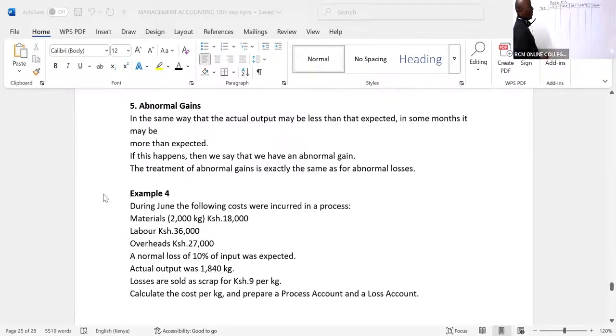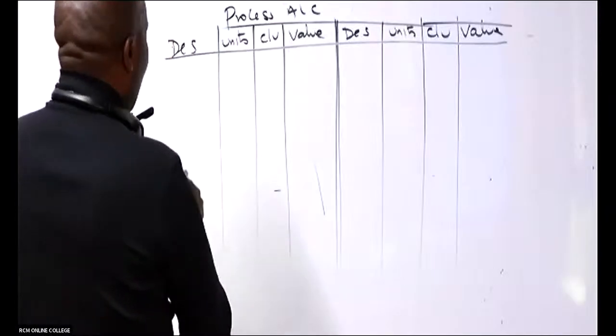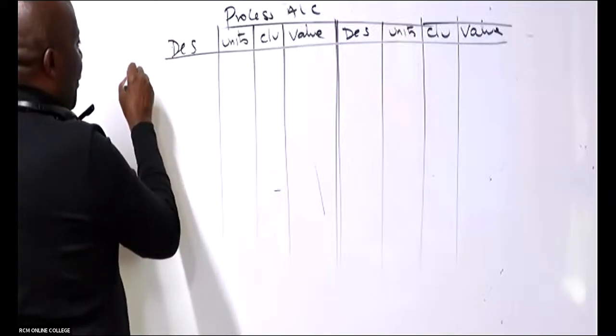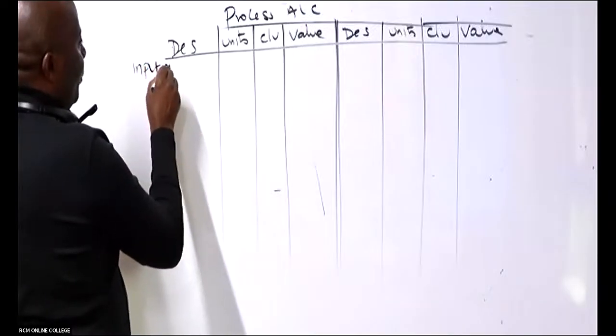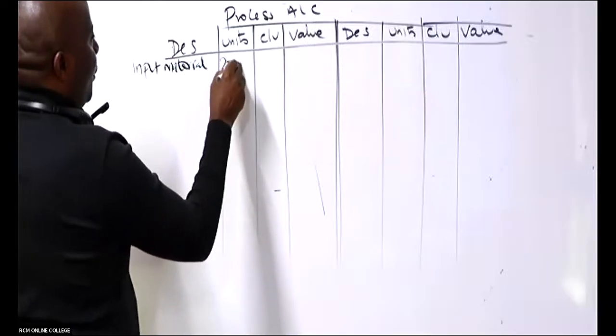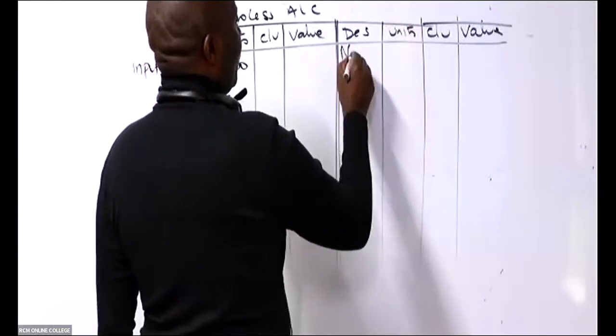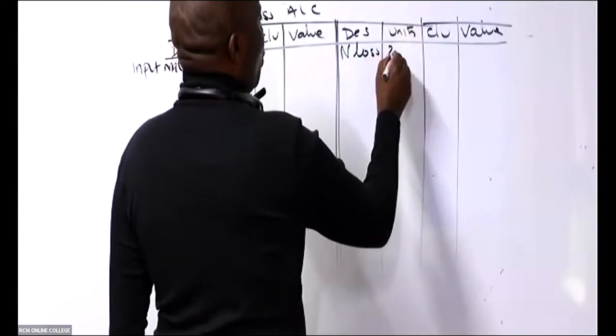All right. Now, ladies and gentlemen, after that, we should be able to post our throughput. Start always with the throughput. For example, you had input material cost of $2,000. We had normal loss of 200.